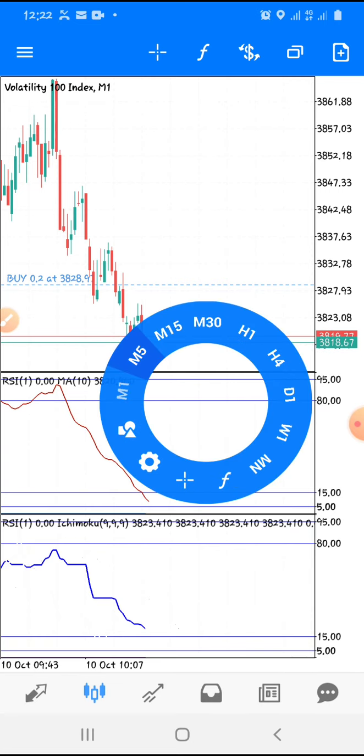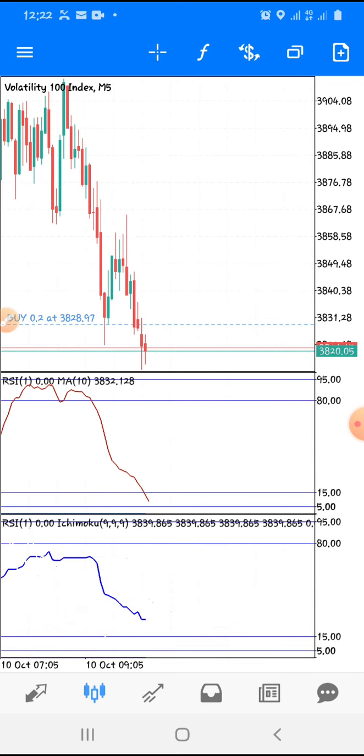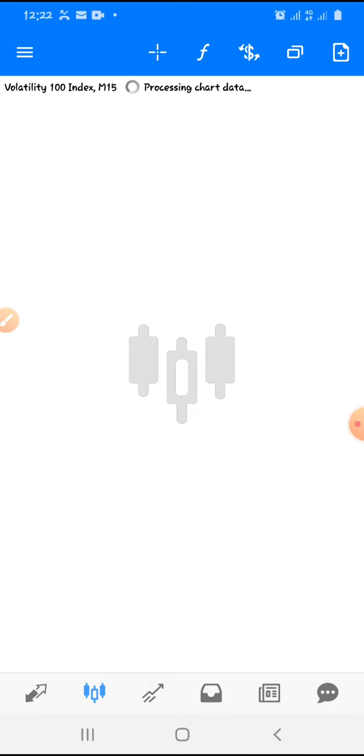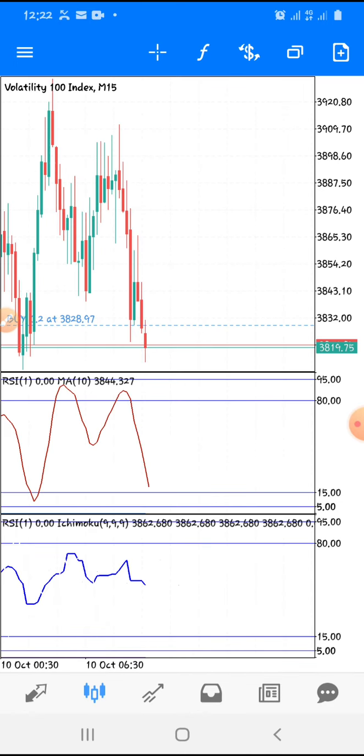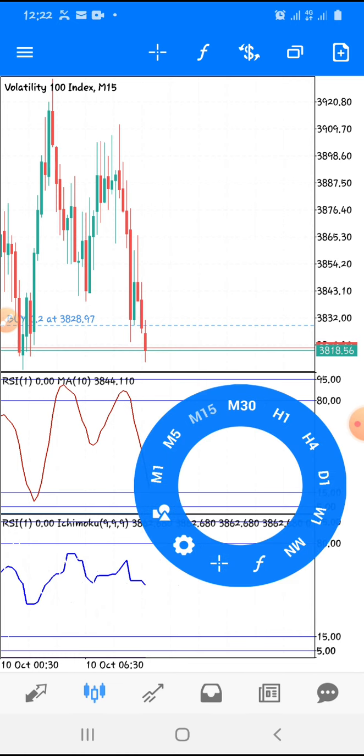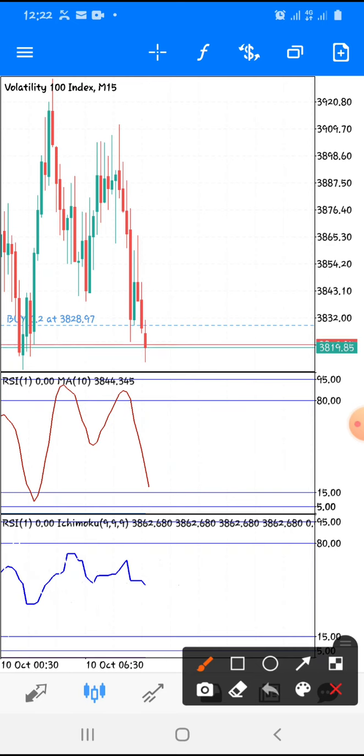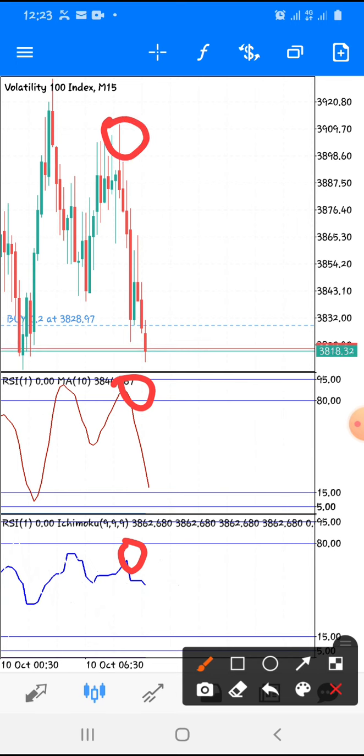If we go to the 5 minutes time frame and see how the levels are performing, and also the 15 minutes time frame, you see it's still a downtrend, still going down. You see here it was on 15, though here it couldn't agree, but the market is going down.